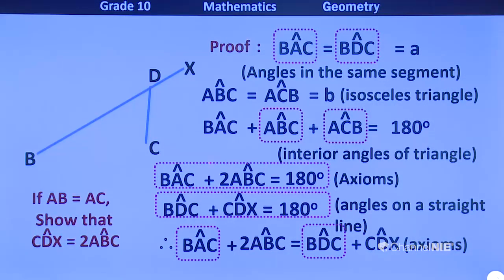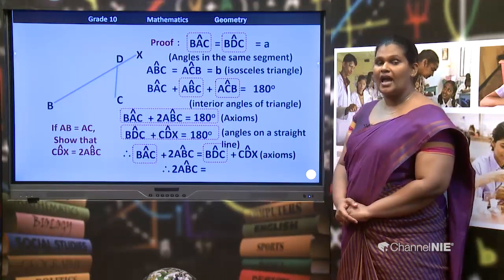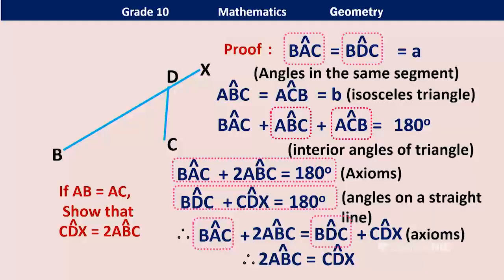Therefore, I can get a relationship, twice angle ABC is equal to angle CDX. So, that is what they have asked us to find in our question. I got the relationship using the knowledge of axioms. Then that is the end of this question.